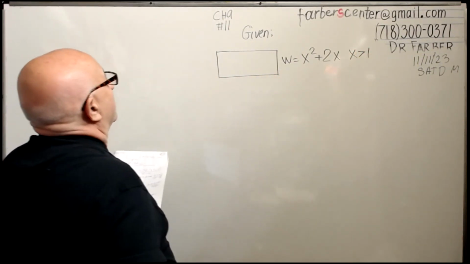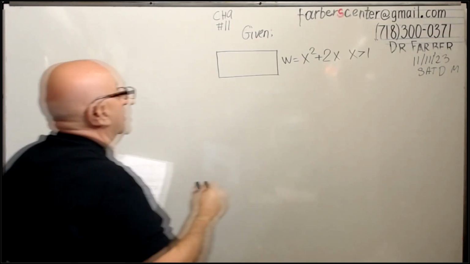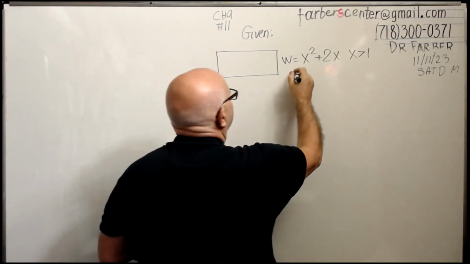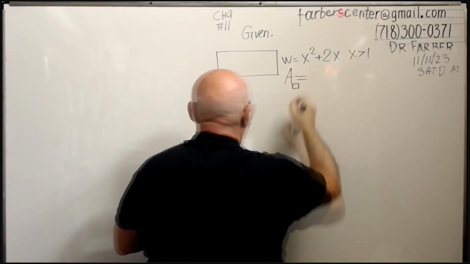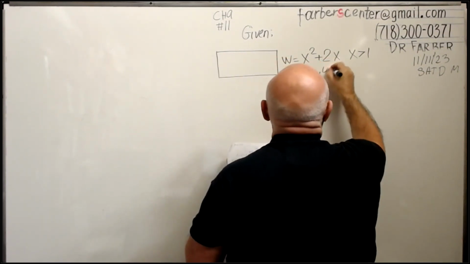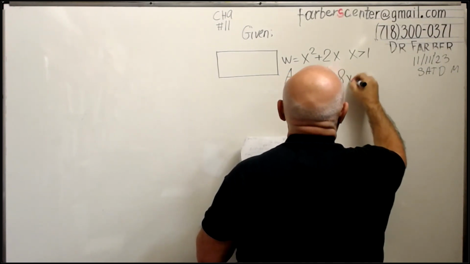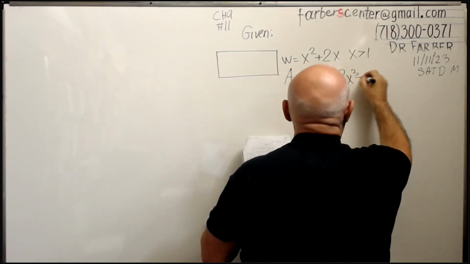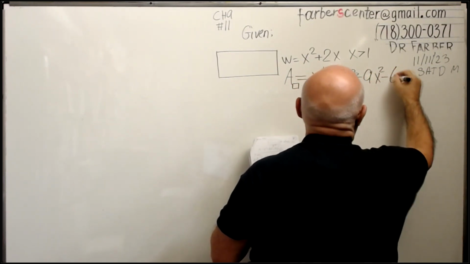And what else is given? Given that the area of this rectangle equals x to the fourth plus 8x to the third plus 9x to the second minus 6x.